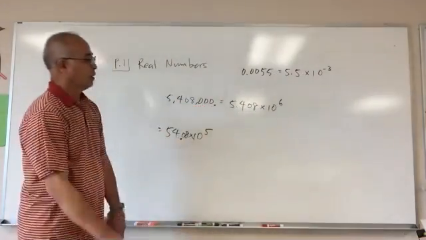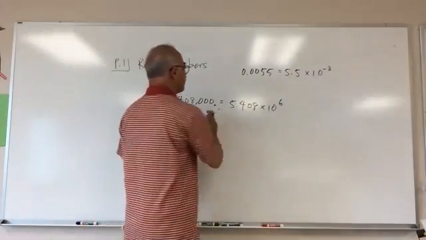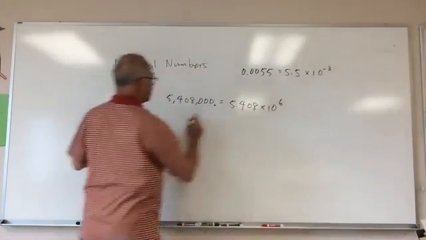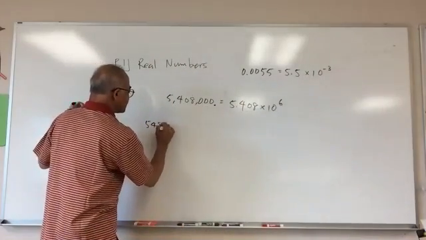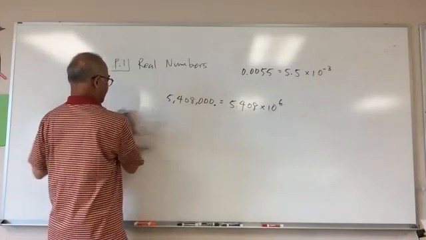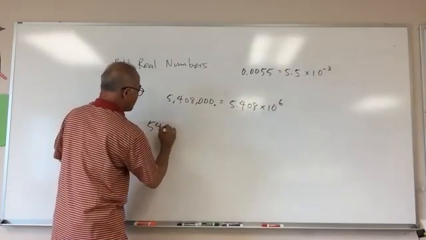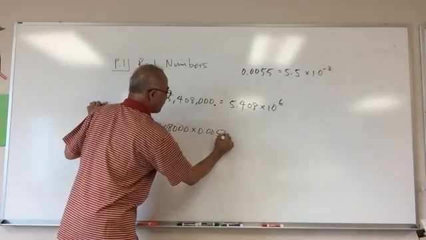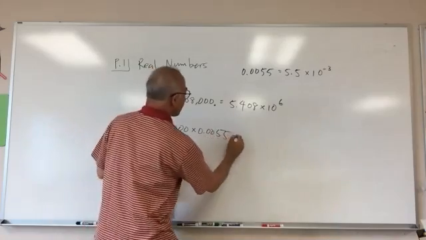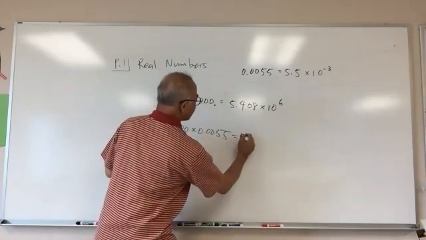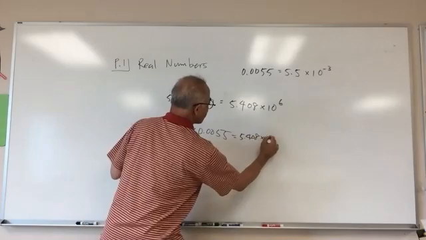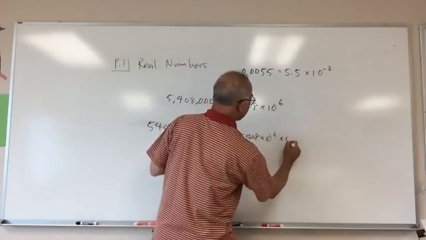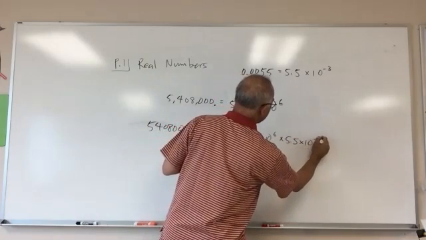And the beauty of it is that if I have to multiply, let's say, 5,408,000 times 0.0055, what I do is say this is 5.408 times 10 to the sixth, and this guy is 5.5 times 10 to the negative third.